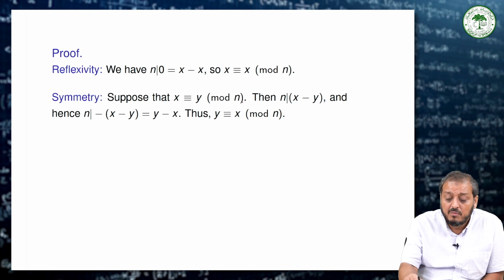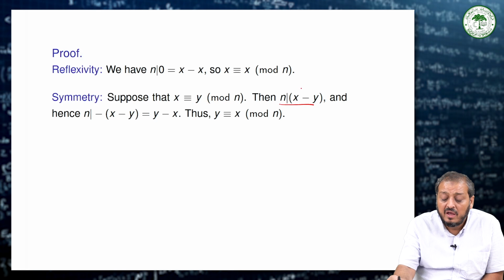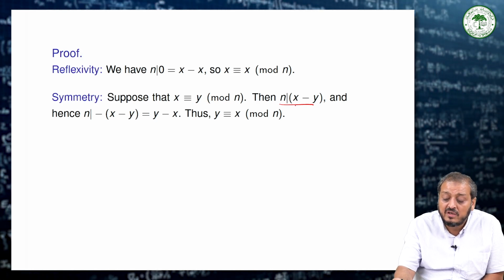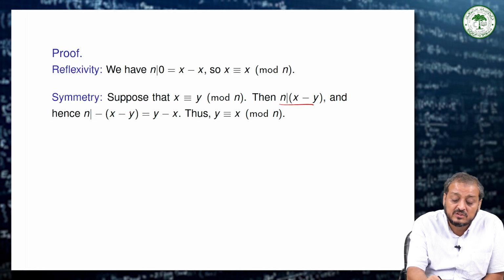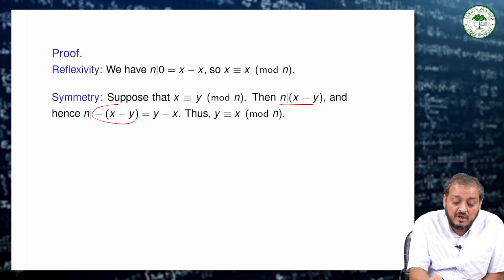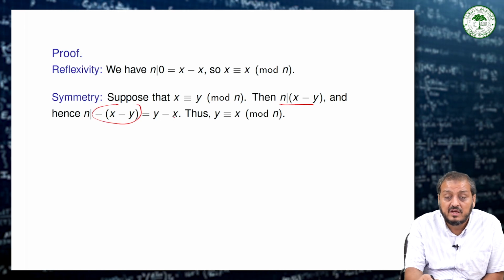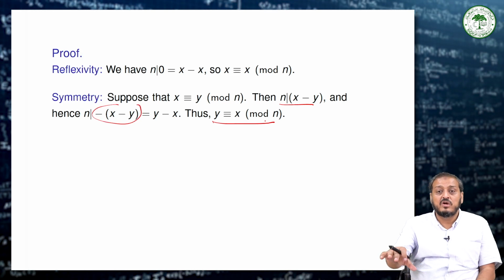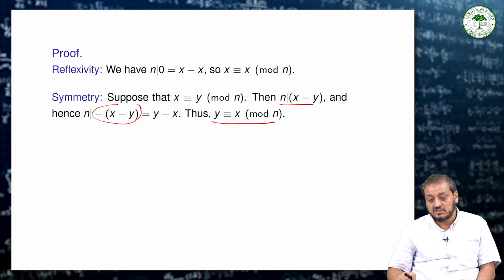This means n divides x minus y, so n also divides minus one times x minus y, because these are integers, and this can be written as y minus x. So n divides y minus x, and we can say that y is congruent to x mod n. So the symmetric condition is also satisfied.